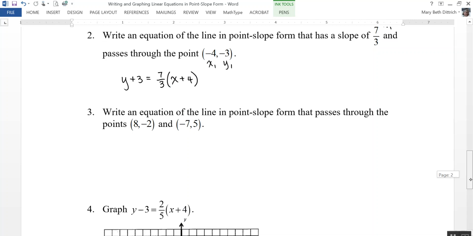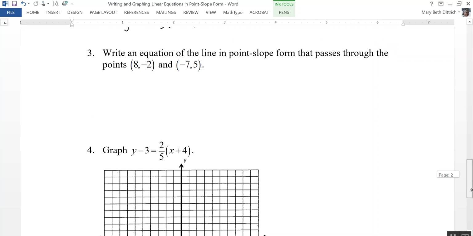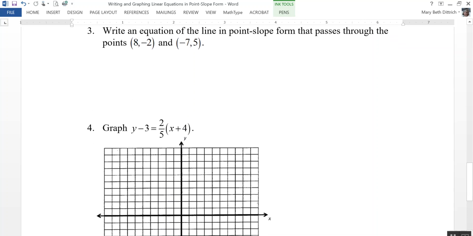The third one says, write an equation of the line in point-slope form that passes through the points 8, -2 and -7, 5. First thing I need to do is find my slope. So I'll do 5 minus a negative 2 over negative 7 minus 8, and that gives me 7 over negative 15. Now I can use either one of those points to write my equation.